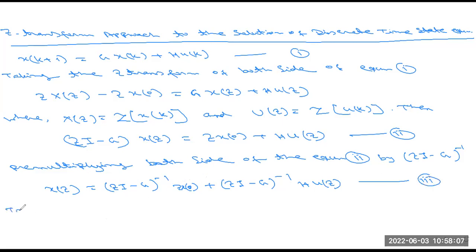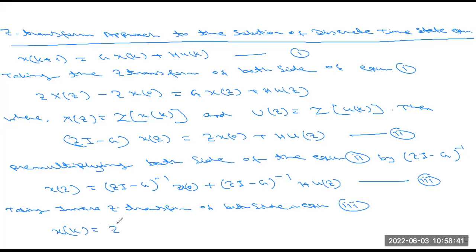Now taking the inverse Z transform of both sides in equation number 3, what will we get? That is, we have to express the final equation of x(k).